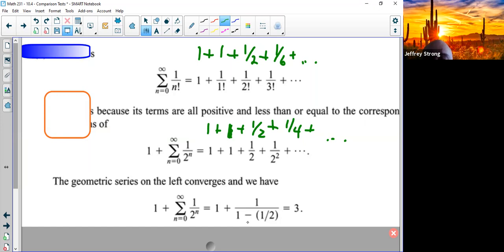Well, it's in the notes, from when we talked about geometric series earlier. But once we see that it's less than that, then we know that the series that we're interested in converges. Okay.